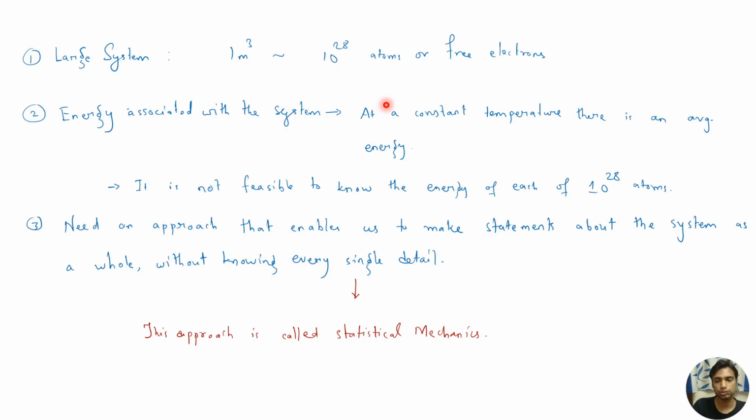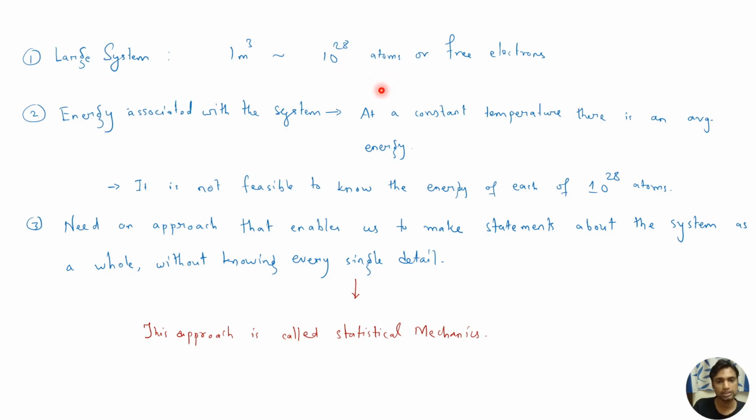The second thing that we want to be considerate about is the energy associated with the system. At a constant temperature, there is an average energy associated with the system, and in a large system with 10 to the power 28 atoms, it is neither useful nor of interest for us to know the energy of each and every atom.